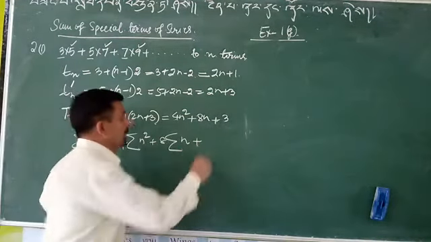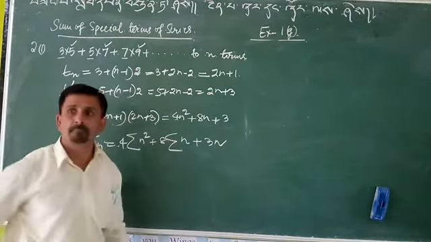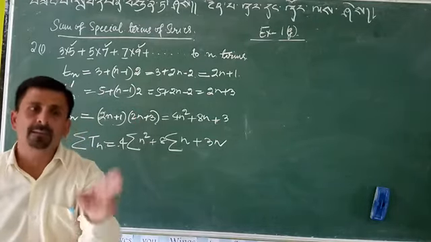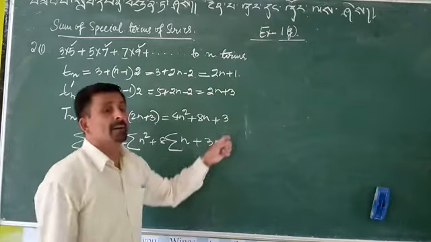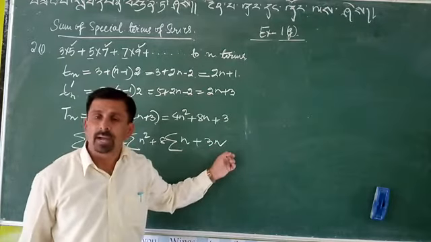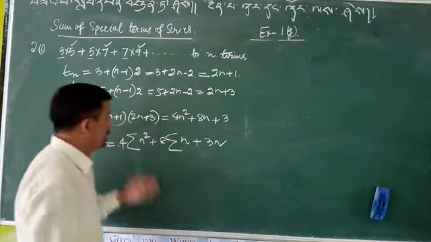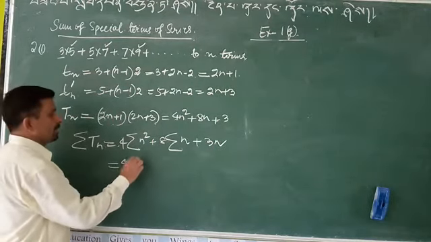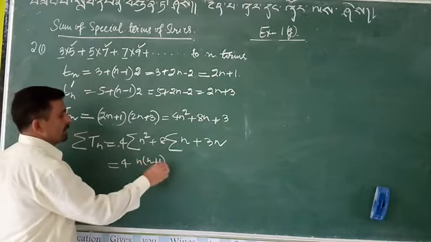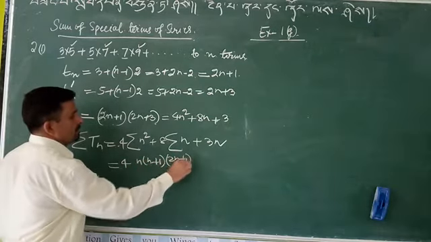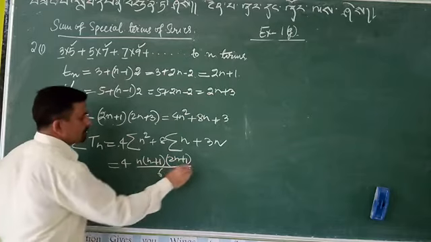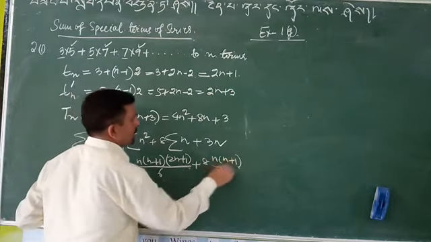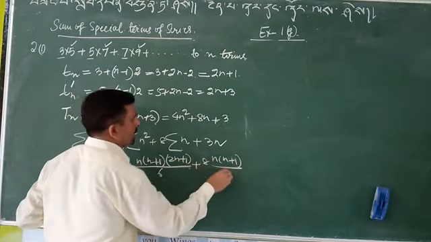That means this will be 3n. If you ever have just a constant, please be mindful to write n with that constant. Is it okay? Yes, sir. After this, just put the values. So 4 into n into (n plus 1) into (2n plus 1) divided by 6, plus 8 into n into (n plus 1) divided by 2, and this is as it is, 3n.